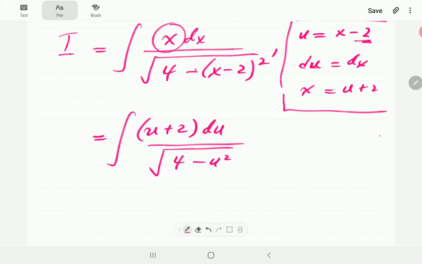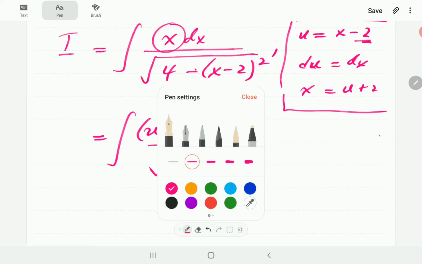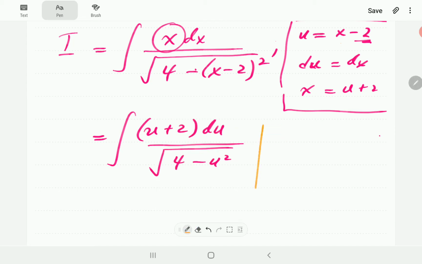This is now looking like the expressions we had in the previous videos. So we can now apply a trigonometric substitution. Because the squared term is negative, it is going to be sine.